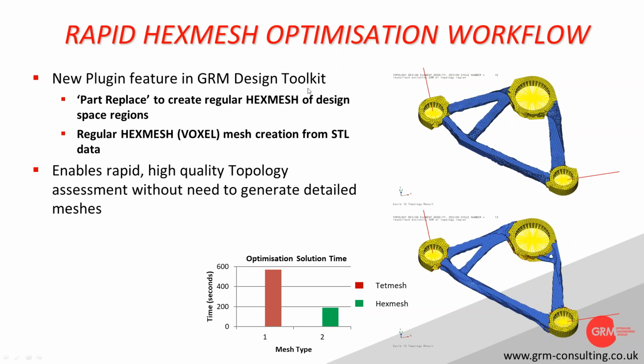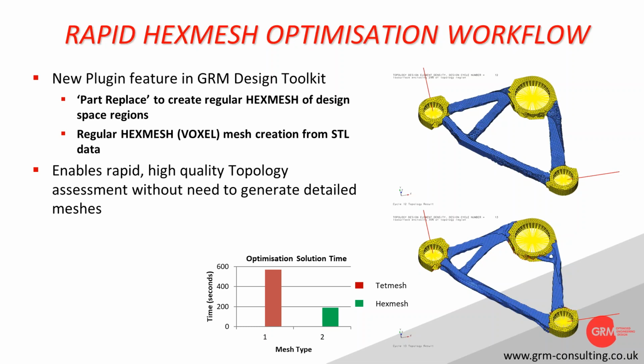Next up, we've got a new process flow. We do it ourselves internally, and we've recommended it to support in the past, which is sometimes to get a clean result for optimization, maybe to speed up large problems or just to get a nice clean solution. We've suggested using our RDM tool to replace the TET mesh of a design space with a nice regular hex mesh.